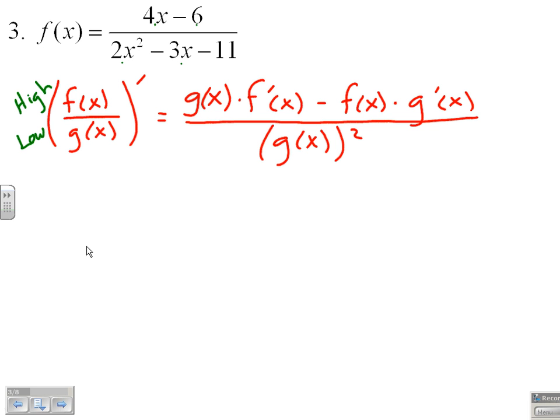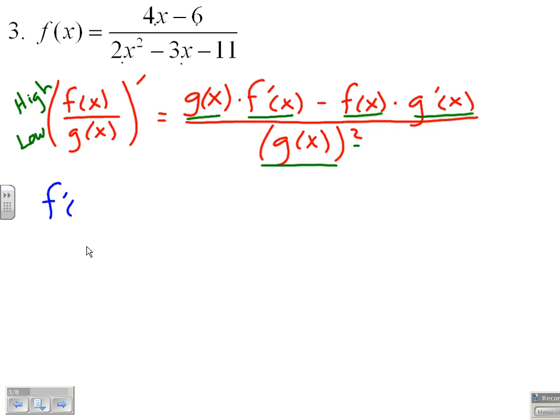So as we track through this, this would be low, d high minus high d low over the square of the thing below. And every time I've done one of these problems in my life, I've recited that at least under my breath. Low d high minus high d low over the square of the thing below.